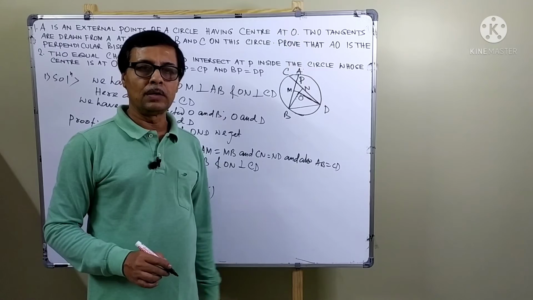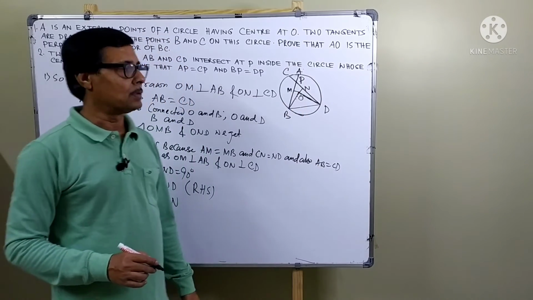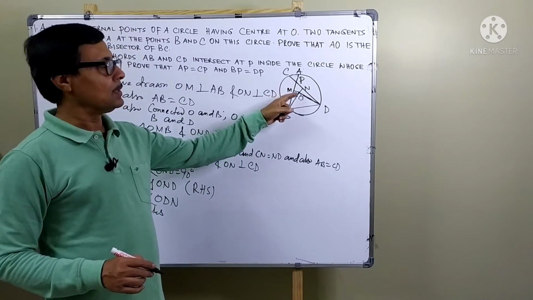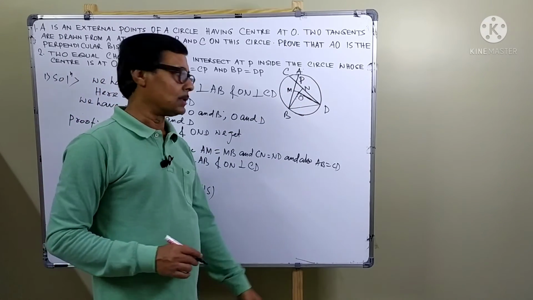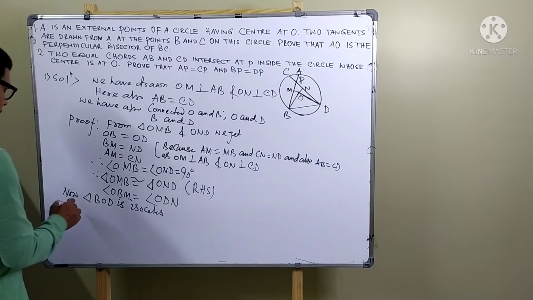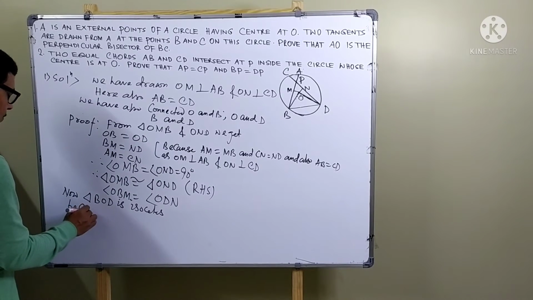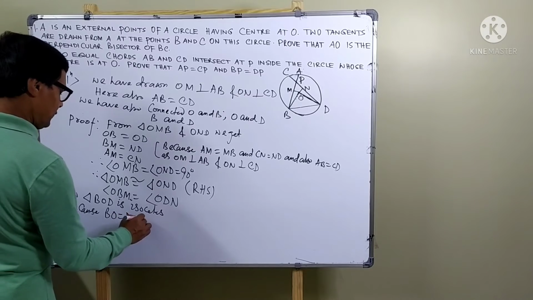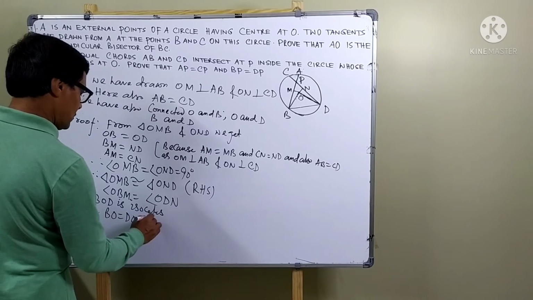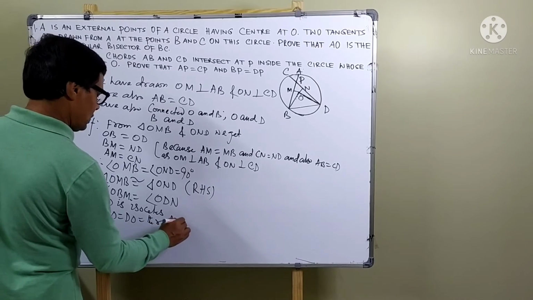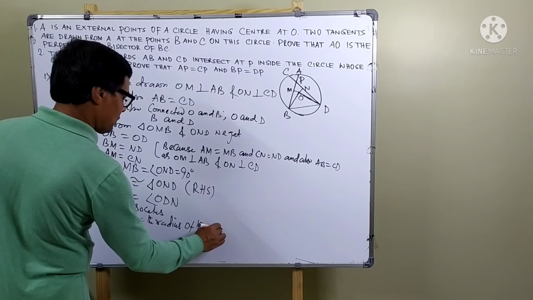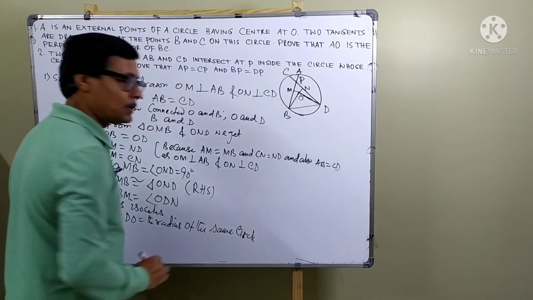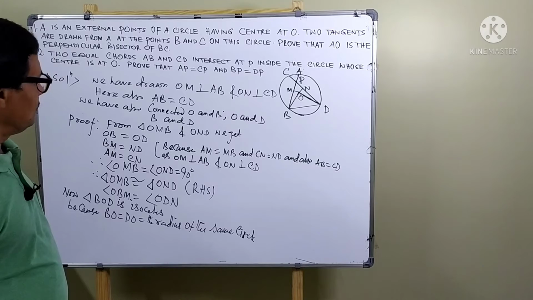Because they are both radii of the same circle whose center is at O. So they are equal to each other: BO equals DO.